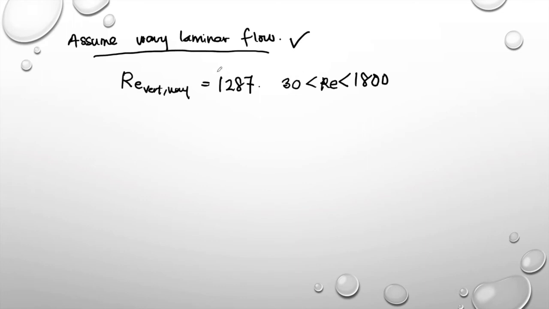Once you verify that your assumption is valid, then you can go to the H vertical wavy. Since you assumed wavy laminar flow, and yes, it is in the wavy laminar flow range because you compared the Reynolds number with this range.